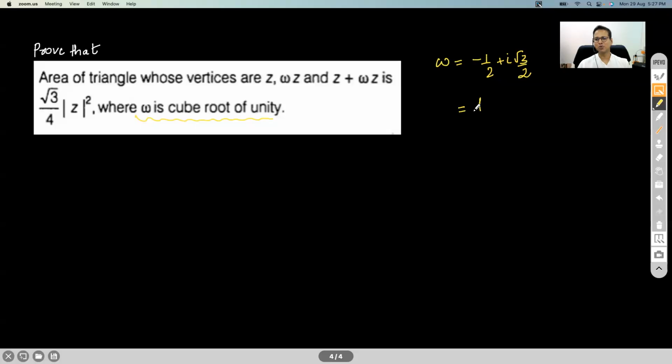Also written as cos 2 pi by 3 plus i sin 2 pi by 3. Also written as e to the power i 2 pi by 3. So this is the Cartesian form, polar form, Euler form. So prove that the area of the triangle becomes root 3 by 4 mod z square.